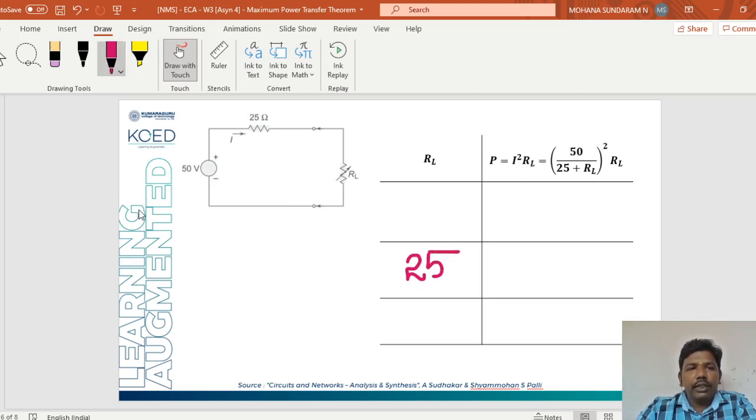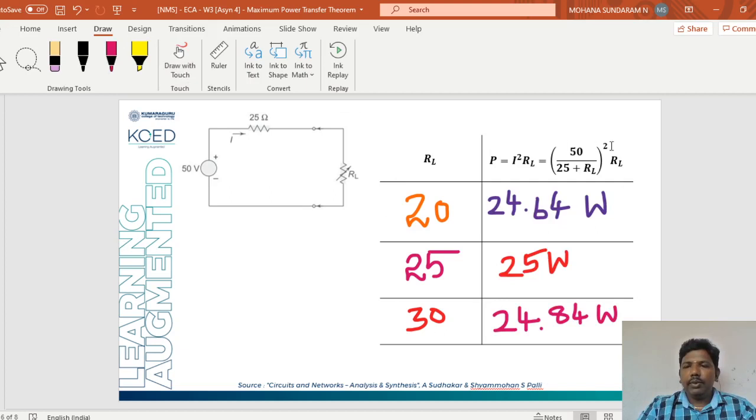So we will take three different values: an RL value less than 25, so let me take 20, an RL value greater than 25, so let me take 30, and we will check whether we actually get maximum power when RL is equal to RS. You just have to substitute these values in place of RL and find the value. When you substitute these values in this equation and solve it, I am going to write the answer directly.